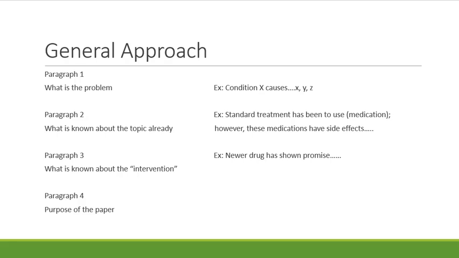And then ultimately, you're going to want to highlight why there is potentially the need for something different as a treatment. So, for example, it might be, however, these medications have side effects, or could be, however, these medications are very expensive.